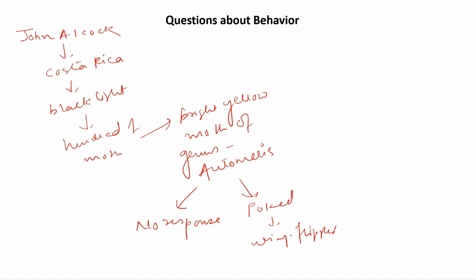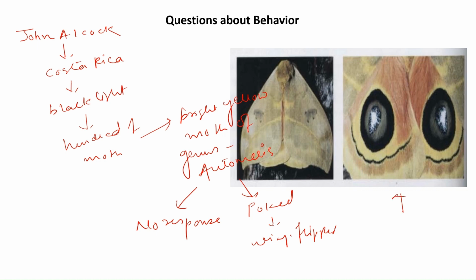Because of this, the hind wing, which was hidden behind the forewing, got exposed, and he observed that the hind wing was heavily decorated with color spots looking as if they were two eyes. As you can see in this second figure, two black spots look like the two eyes of this moth, which was hidden behind this forewing, which you can see in the first image.